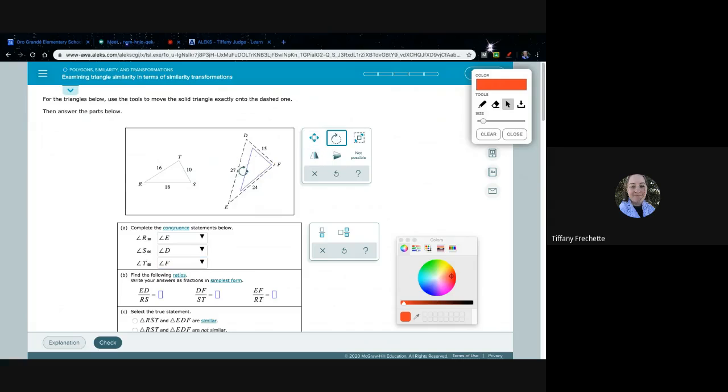So let's spin that back around, and then we're going to grab this tool, which makes it bigger or smaller. So we just make it a little bigger, and then we need to translate it a little bit more here too. Uh-oh, I don't know if we can actually do this one.